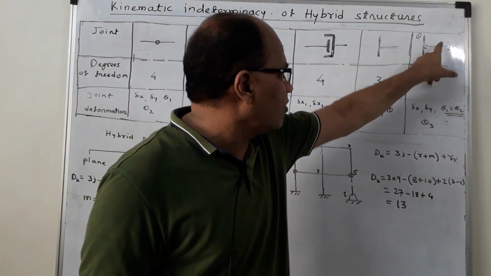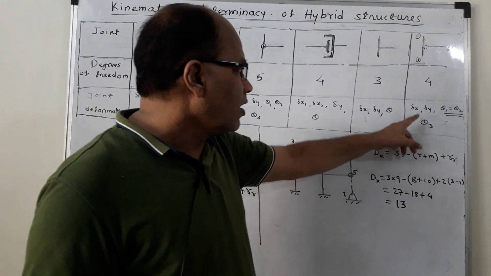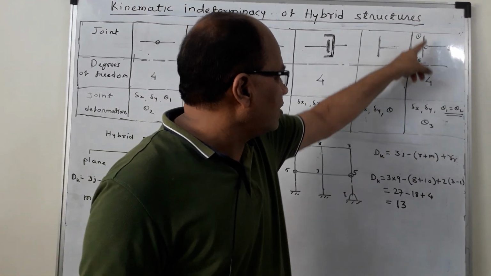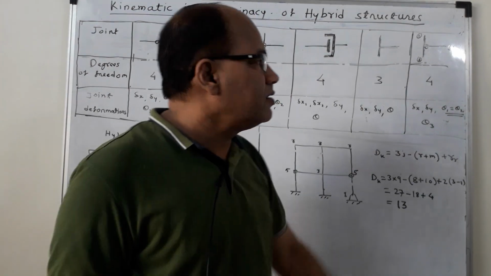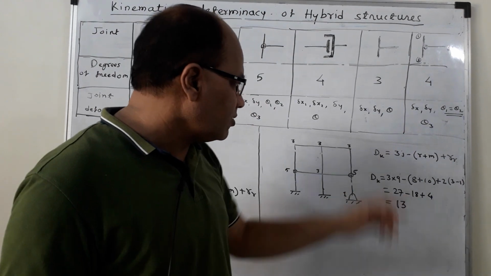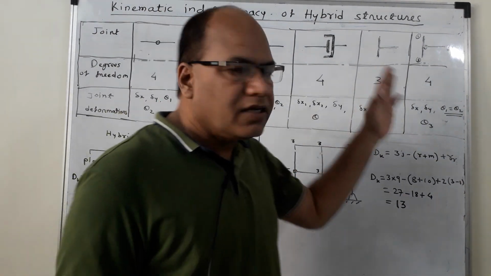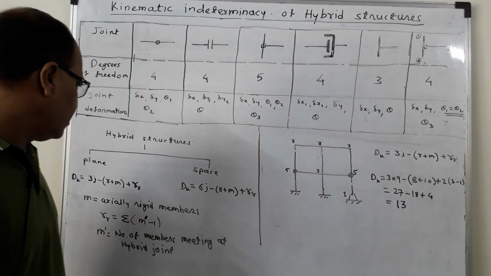So hinge is for this member only. So here also 4 degrees of freedom, delta x, delta y, theta 1 and theta 2 are going to be different for this vertical member, and theta 3 is the rotation for this member which is connected to the first one by means of an internal hinge. So these are the degrees of freedom which are there for typical types of joints.